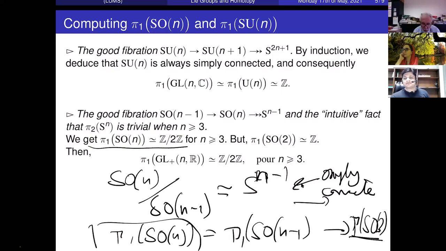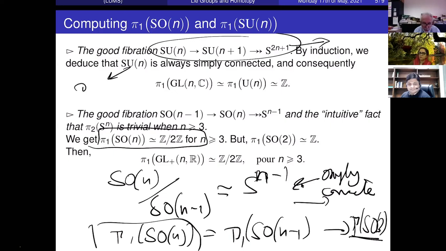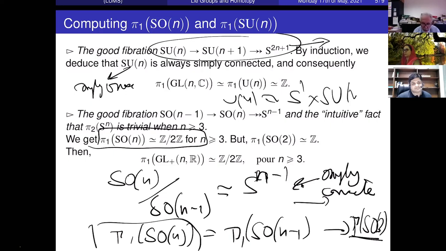If we work with Un, we have the same. Here SUn is simply connected; you write the long exact sequence. Un is homeomorphic to S1 times SUn. So Un has as π1 the product: the π1 here is simply connected and the π1 here is Z. So all this is classical.